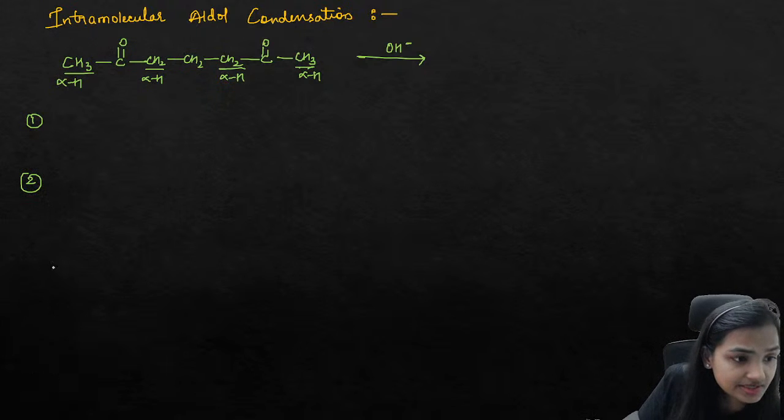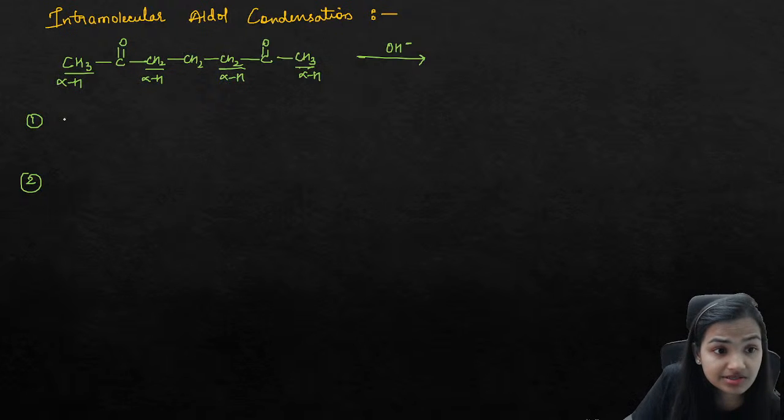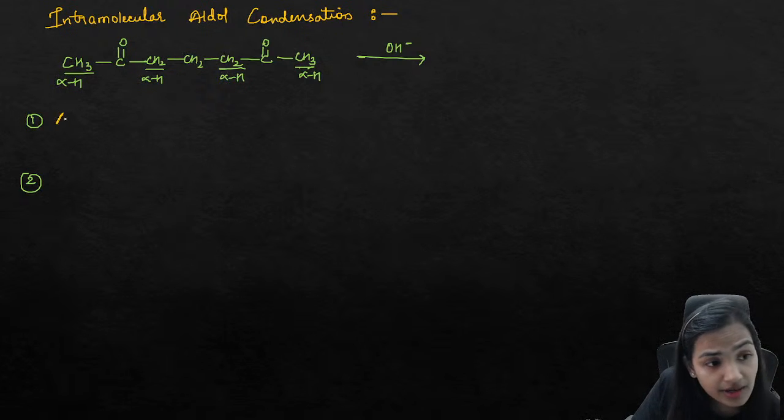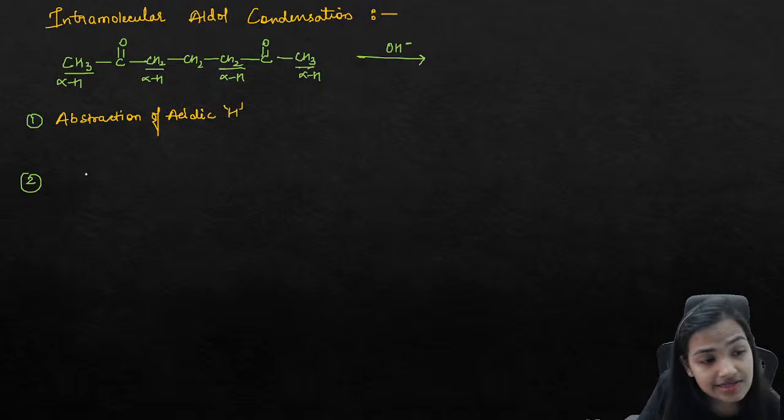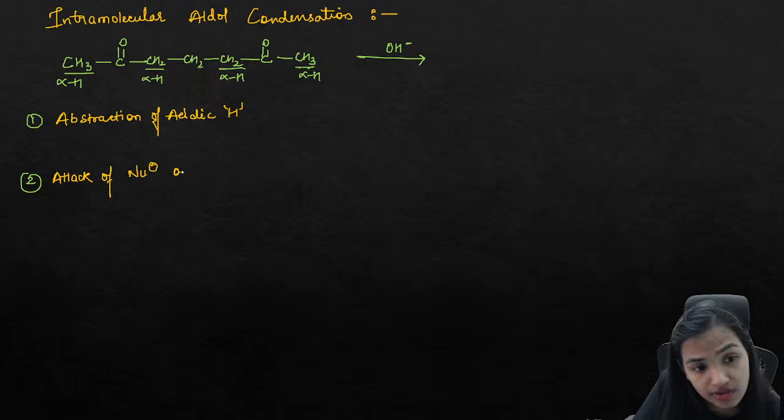The first major step is the abstraction of acidic hydrogen, from where you have the acidic hydrogen, and the second step is the attack of a nucleophile on the carbonyl carbon.